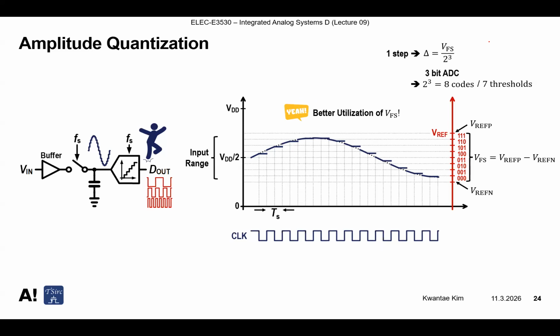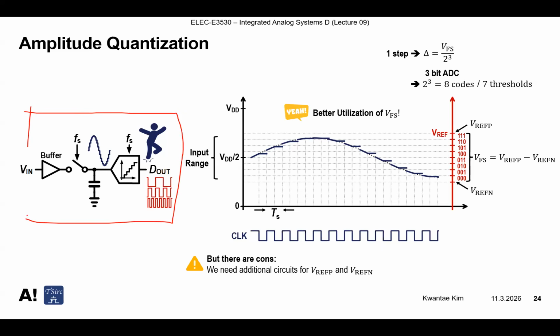So it goes to better utilization of the full-scale range, VFS, which is good, but there are cons. On top of VDD, for example, this is normally required. Let's say we put this analog circuit, then somebody needs to provide VDD.